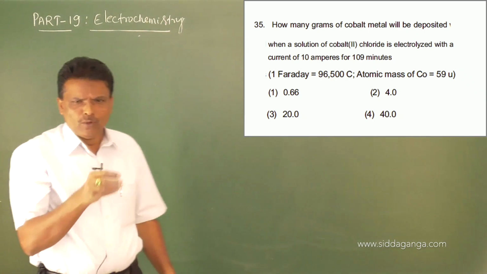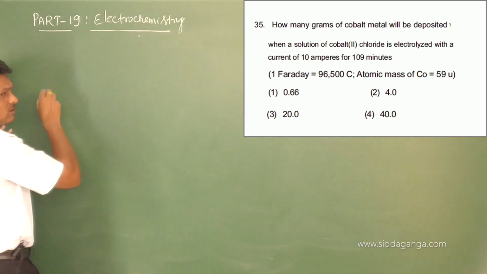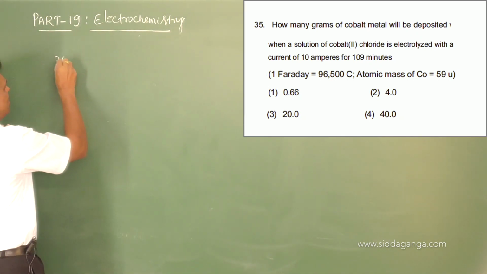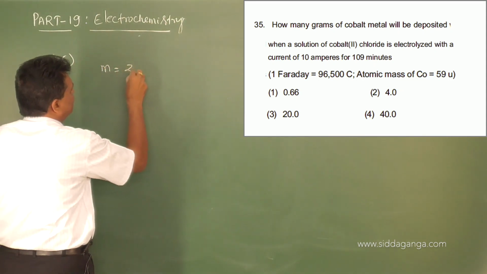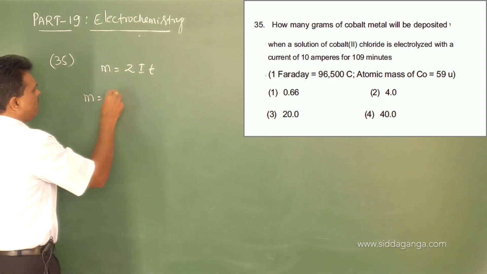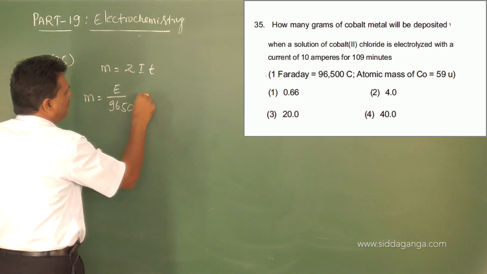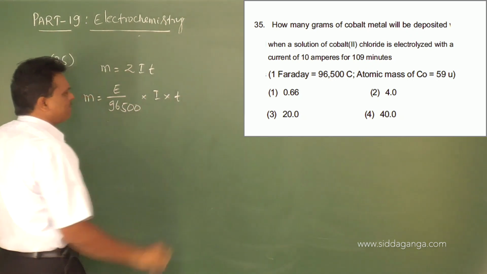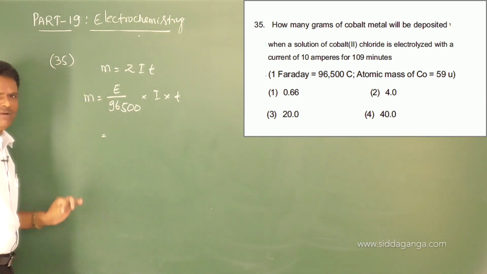Look, according to Faraday's first law, M is equal to Z into I into T, or M is equal to E divided by 96,500 into I into T. Is it clear? Here E means equivalent mass.